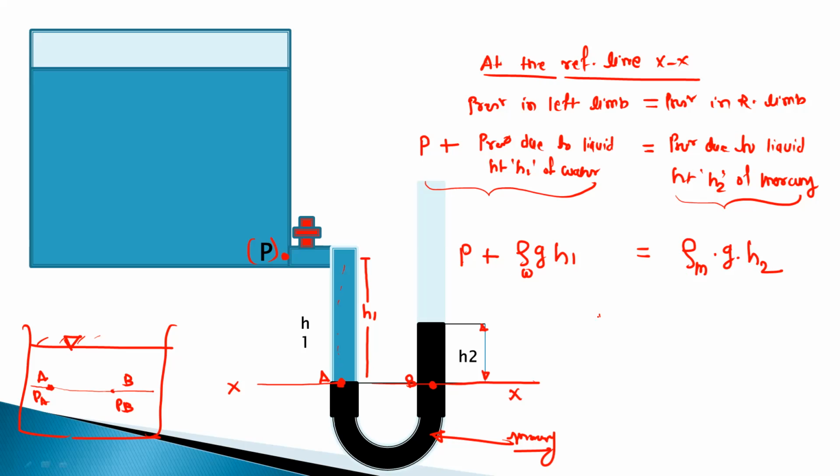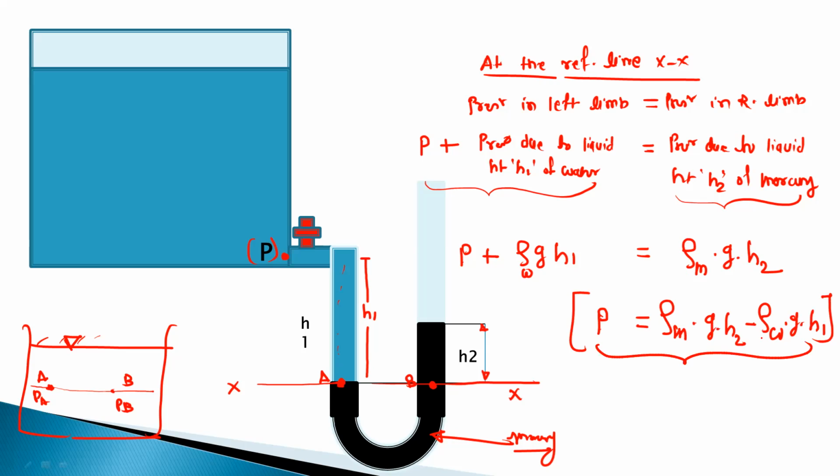By using this relation you can find the unknown pressure P, which is equal to rho mercury g H2 minus rho water g H1. In this way you can find the pressure in the water tank.